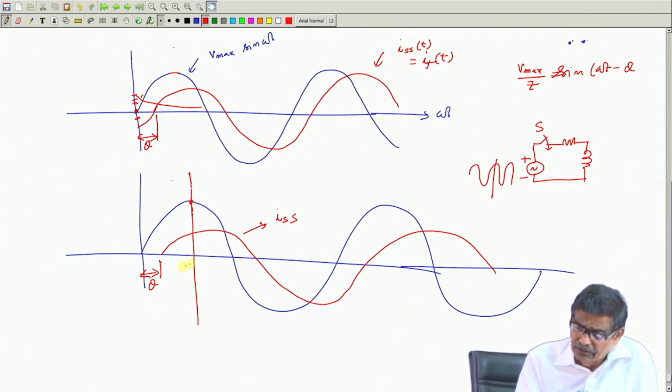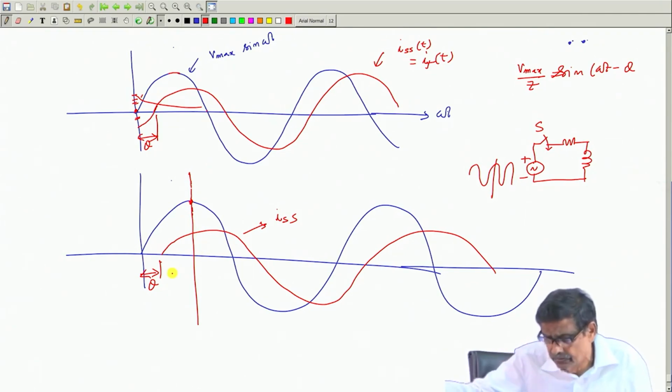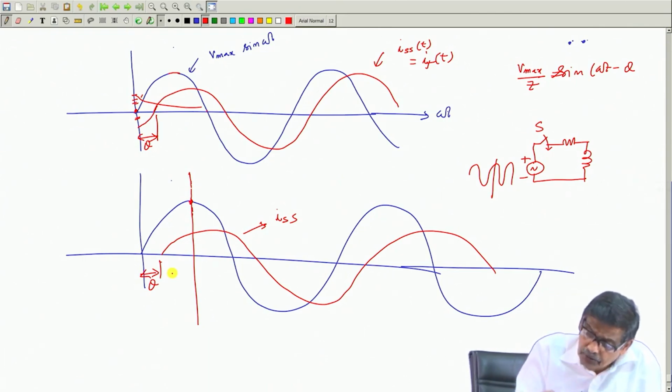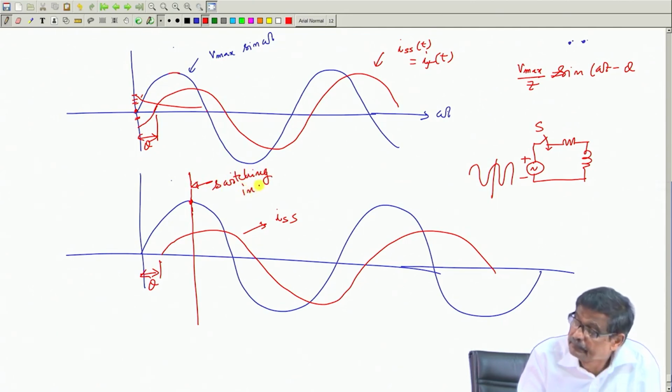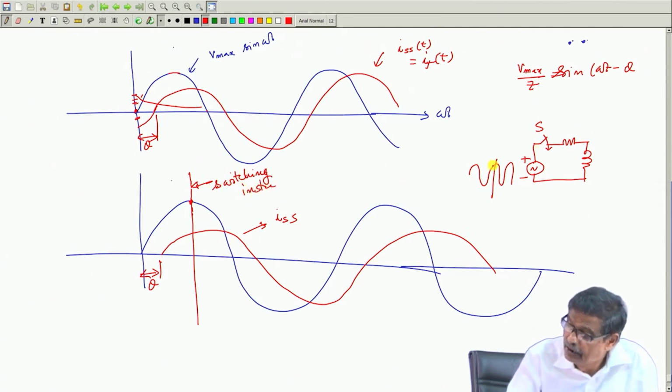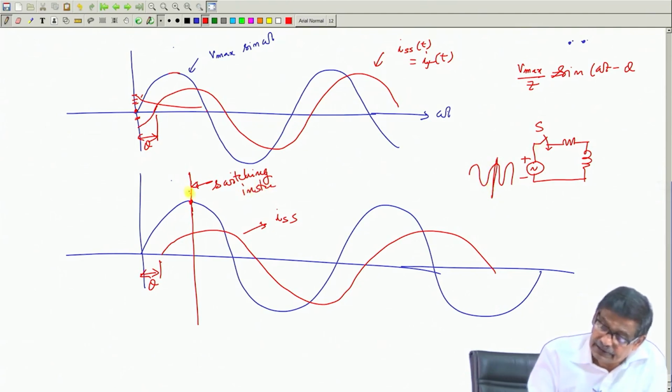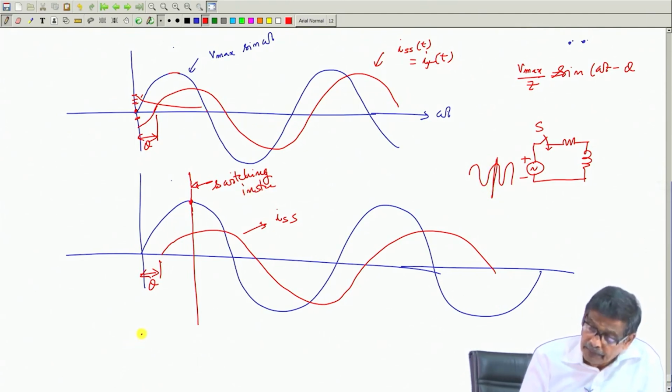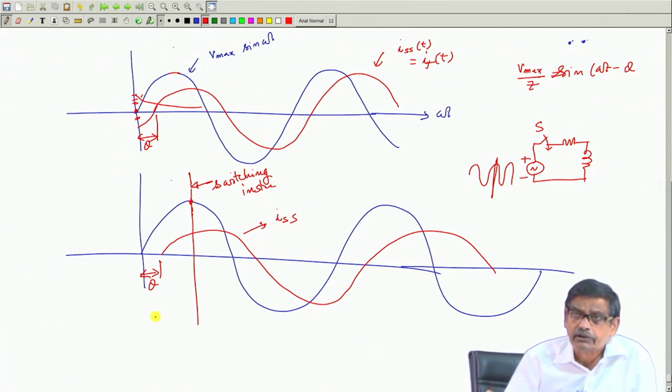Here also we expect some transient to come, and that will die down. But what will be the value of the transient current right at this switching instant? You close the switch when it was doing like this, at that point. But the current through the inductor cannot be 0.